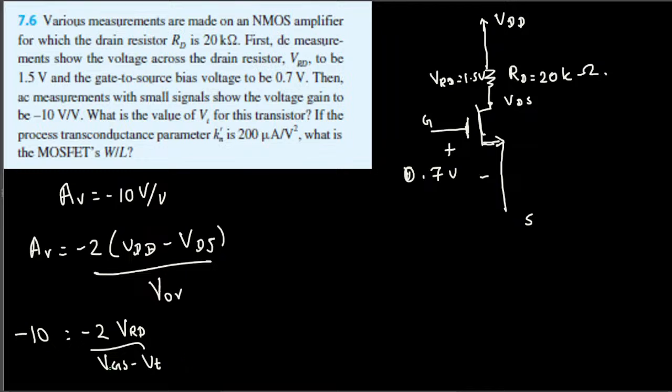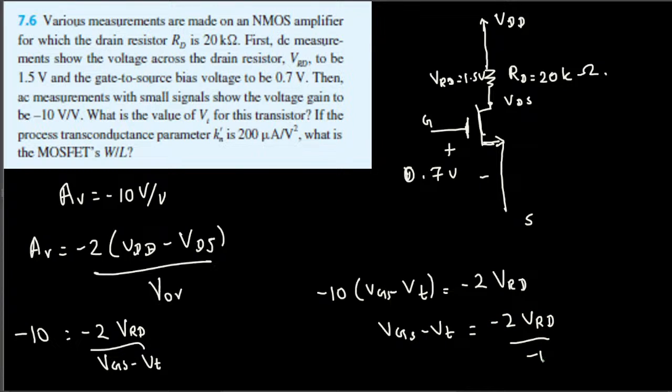So here, if I rearrange this one, multiply on the other side, so 10 times VGS minus VT, and on the other side we are going to have minus 2 VRD, and therefore VGS minus VT is going to be minus 2 VRD divided by minus 10, and minus cancels, and 2 VRD divided by 10, that's VRD by 5.